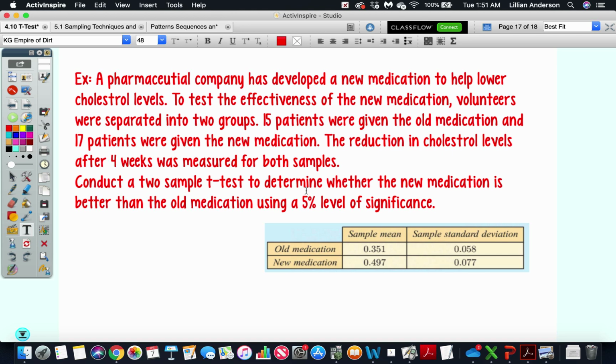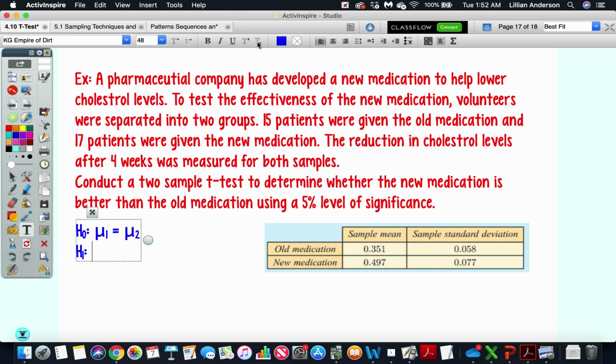So just as before, we want to go ahead and do our null hypothesis and our alternative hypothesis. And from the previous slide, you know that mu sub 1 is going to equal mu sub 2. That is how you set it up for a two-sample t-test. And then our alternative hypothesis is going to, again, be based off of the information from the problem.